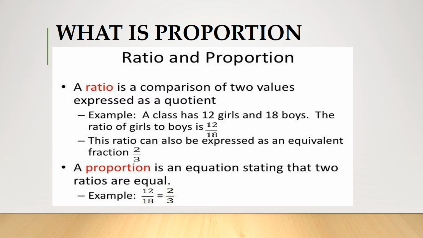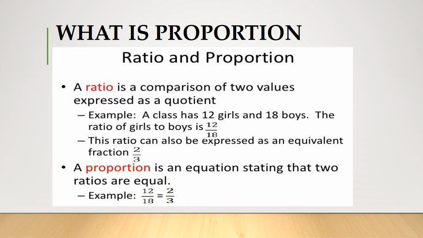Now, what is proportion? A ratio is a comparison of two values. For example, a class has 12 girls and 18 boys. So the ratio of girls to boys is 12:18. If you reduce to lowest terms, 12 is divisible by 6 and 18 is also divisible by 6. So 6 twos are 12, 6 threes are 18.